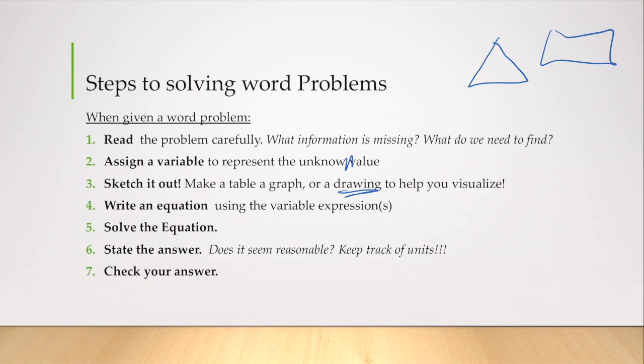So no, Justin was not driving 200 miles per hour from Kansas City to Los Angeles, right? The baby was not 50 pounds when it was born. You know, the cost of an orange was not $12, right? We're trying to make these mathematical problems represent everyday life. So think, does it seem reasonable? And always keep track of units and check your answer as always.